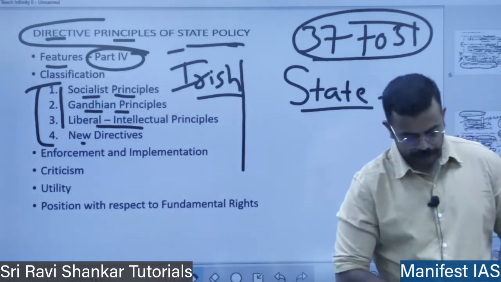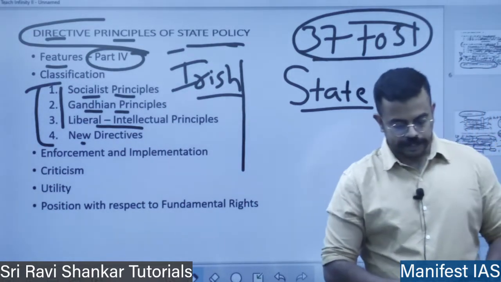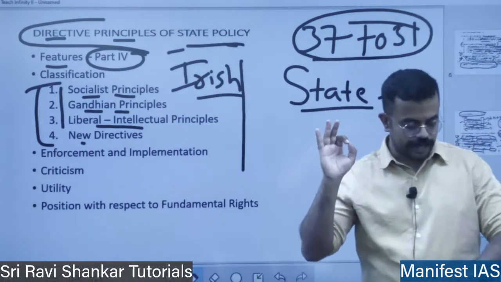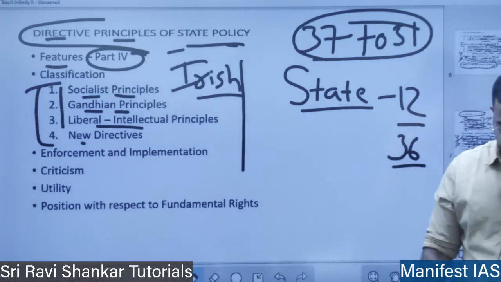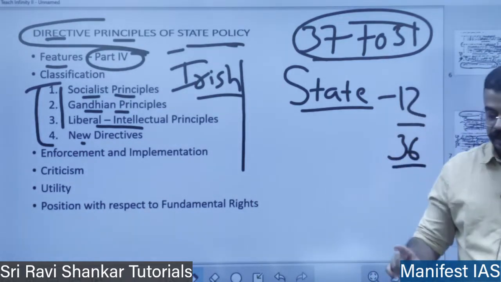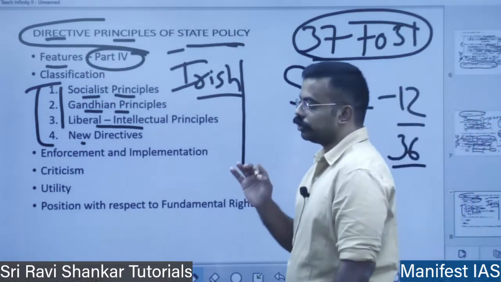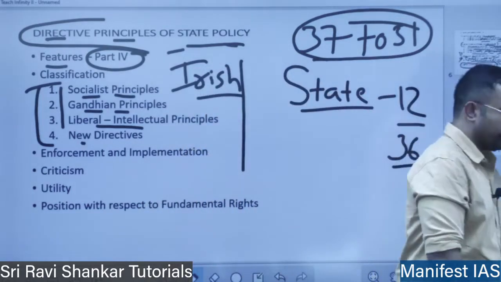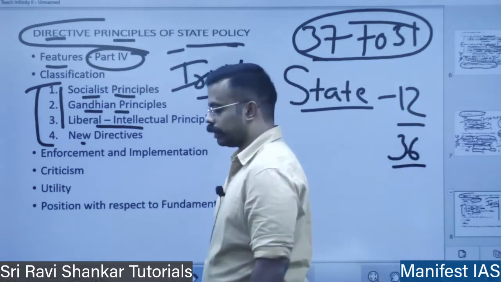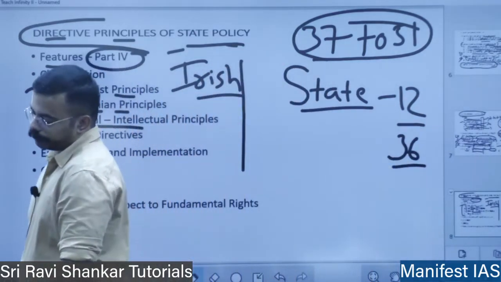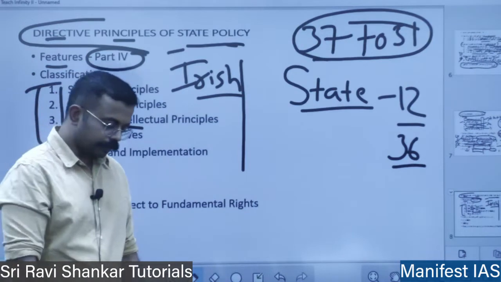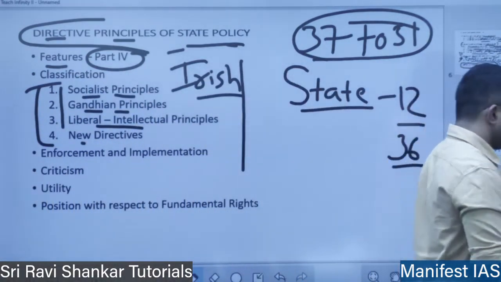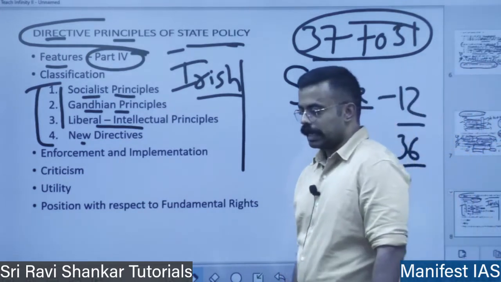Next comes Article 39. Under Article 39, what all does the state have to give to the citizens? Right to livelihood. Livelihood means job. In 2016-17 there was a leak of a report by the National Statistics Organization which said that the unemployment rate in India is the highest in 45 years.